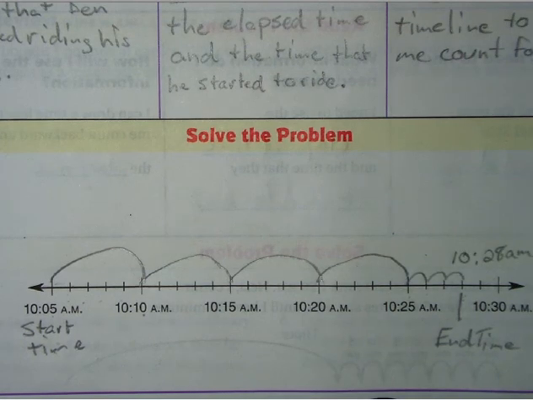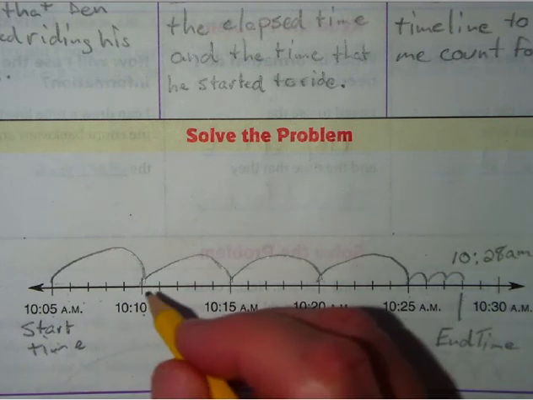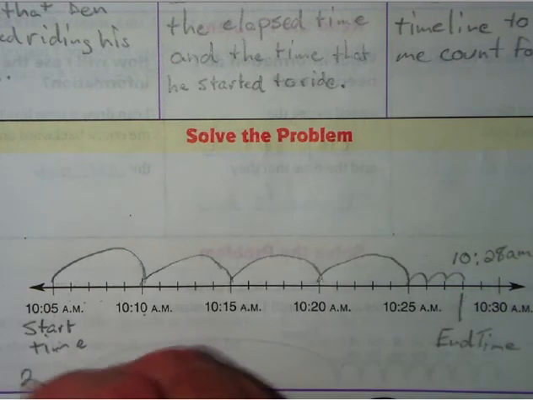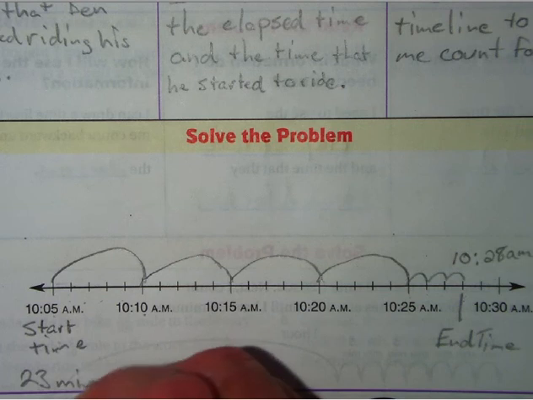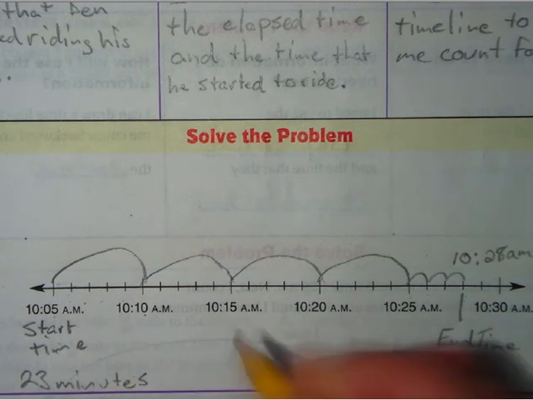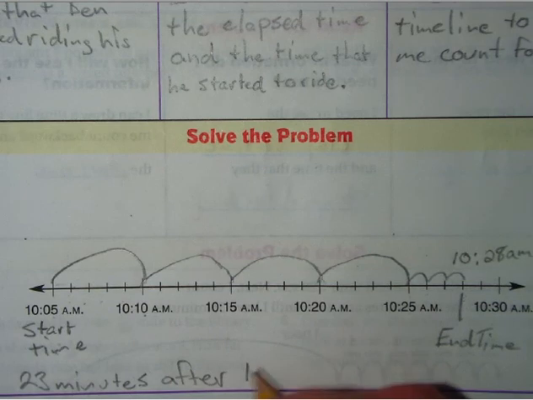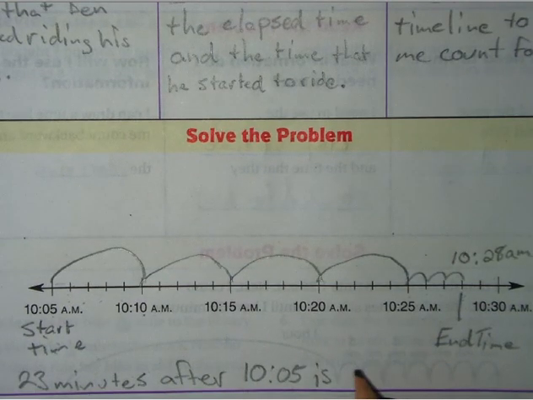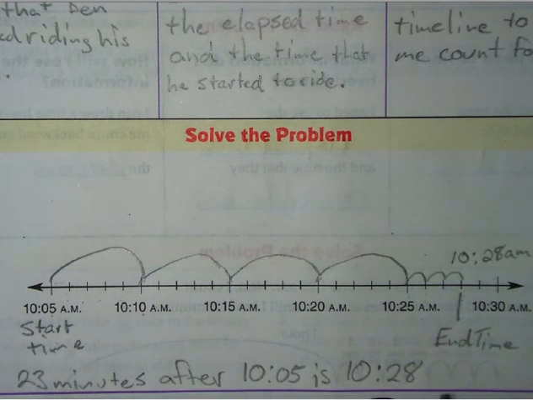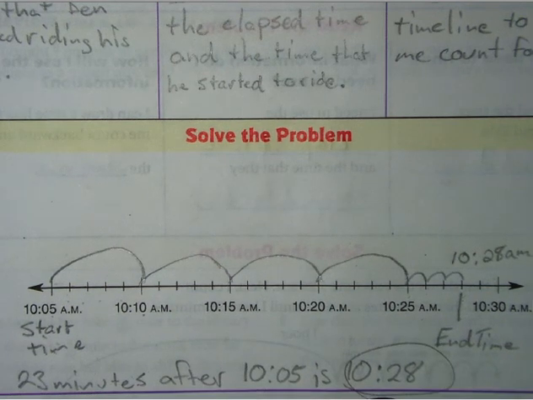So 23 minutes after 10:05 is 10:28. So Ben stopped at 10:28.